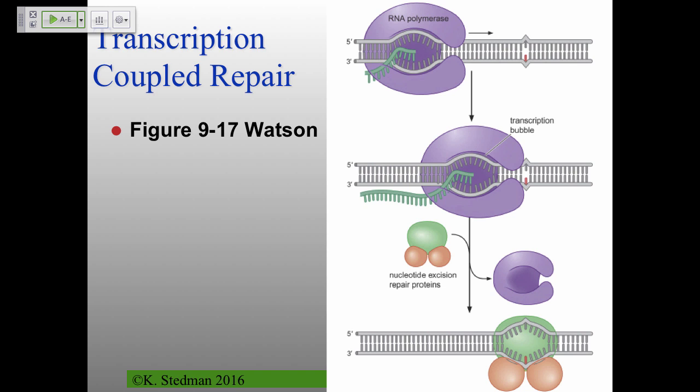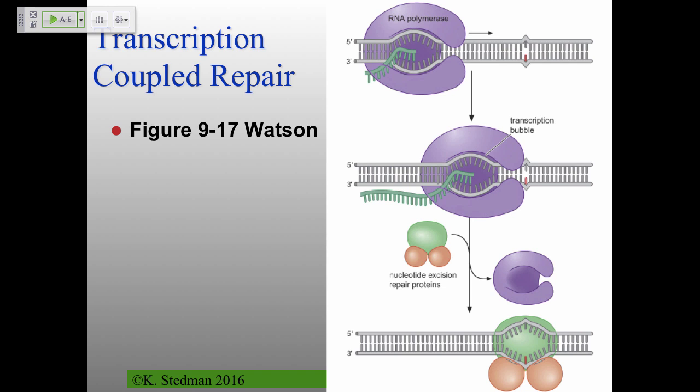In the case of eukaryotes, this would be your heterochromatin. You have many more mutations that happen there that don't get fixed as fast as what's happening in euchromatin, for instance. This is the case in E. coli, but it turns out basically exactly the same thing happens in eukaryotic cells as well.